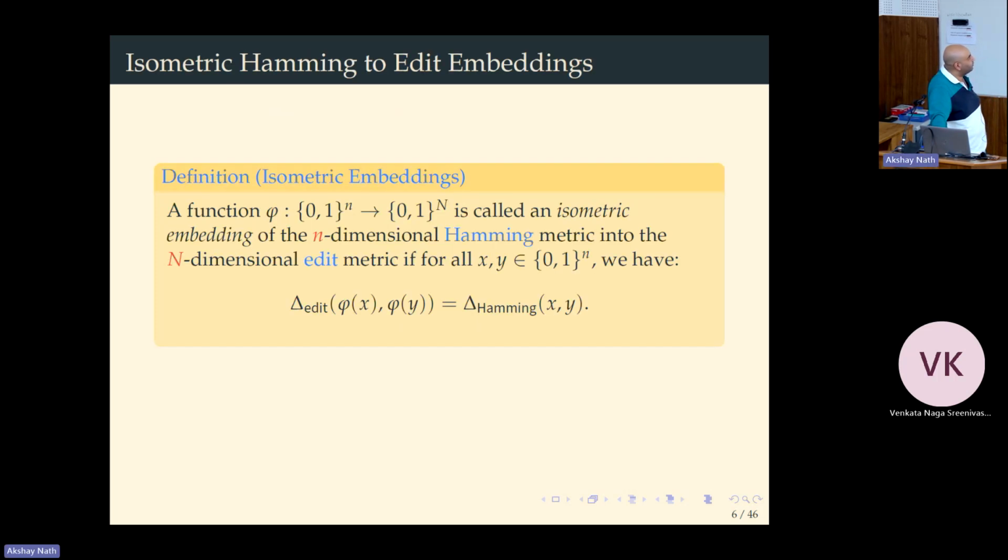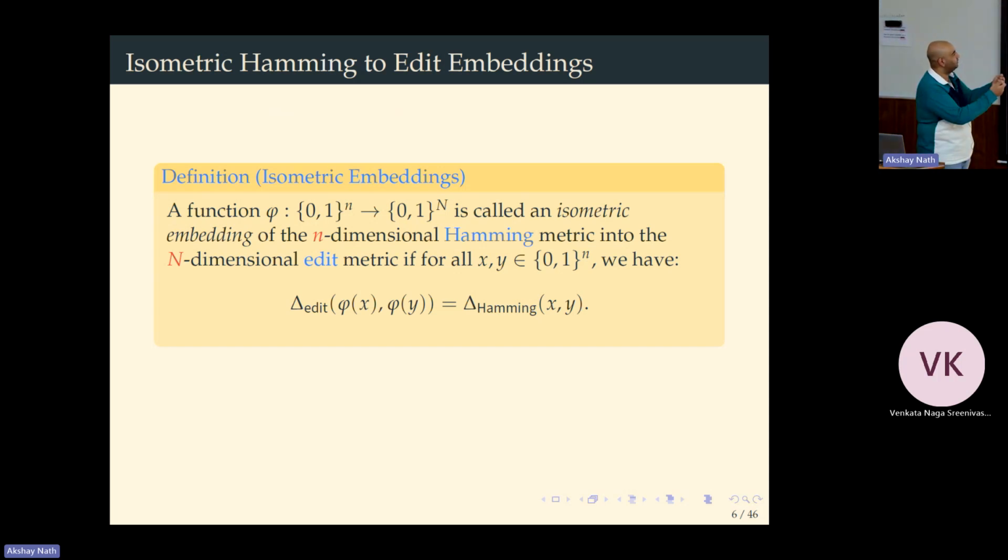We are interested in isometric embeddings. For this talk, we will focus on just 0, 1 isometric embeddings over 0, 1, but we have results on larger alphabets as well. So an isometric embedding is basically you take the 2 to the n points and you embed it in some higher dimensional space, but equipped with the edit metric.